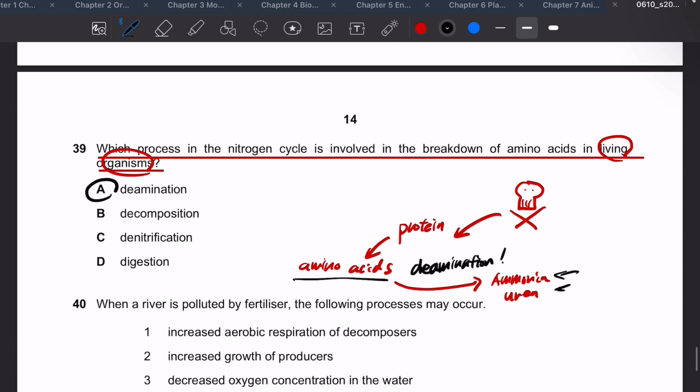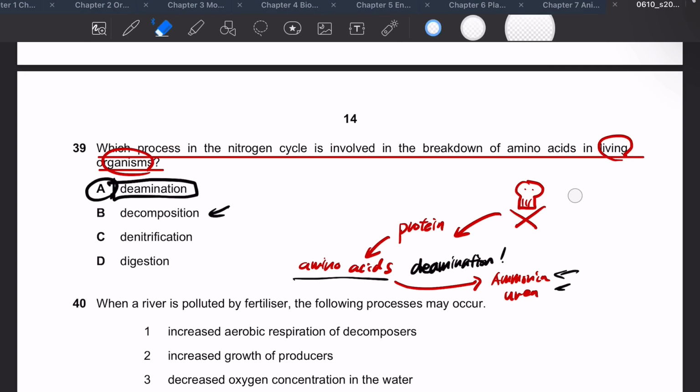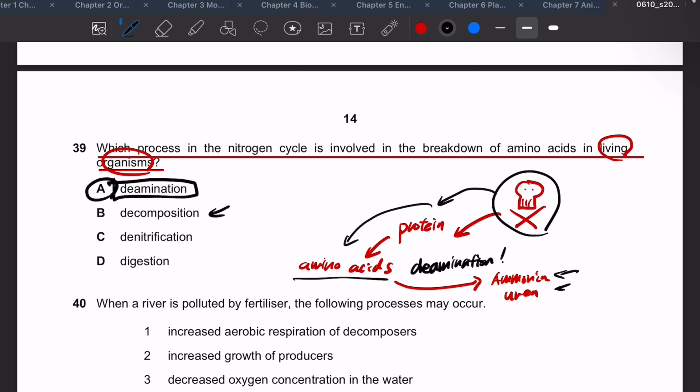Hence the answer is A. B is not the right answer because decomposition basically means decomposing the dead organism. When the dead organisms become decomposed, they're broken down into protein or amino acids, and that's it. But this question is asking about the breakdown of amino acids, so it cannot be the answer.